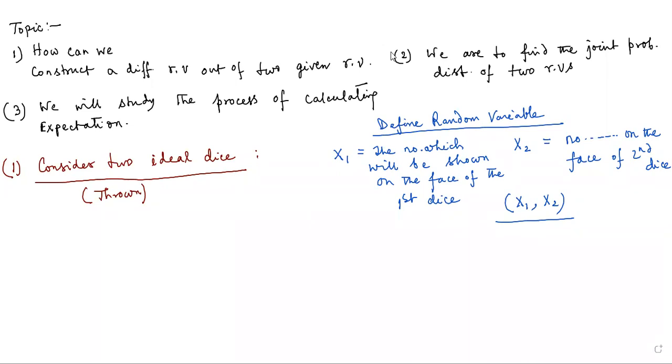And now you know very well what the sample space would be. But since I'm going to construct a new random variable out of this, first of all, we are going to write the sample space so that we can take help from there when needed. So with respect to the given example, the sample space looks like this. So let me take some time to write all the outcomes.